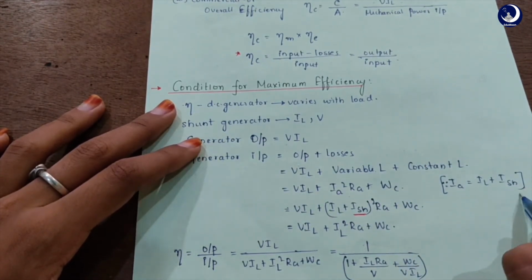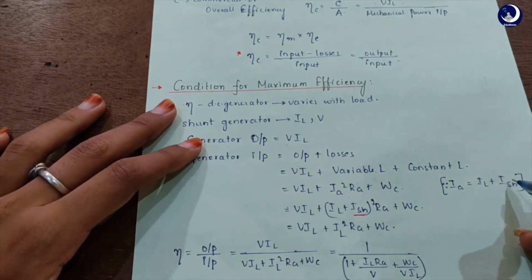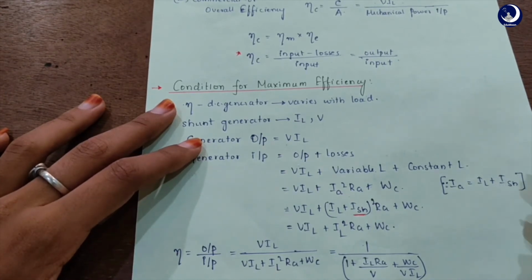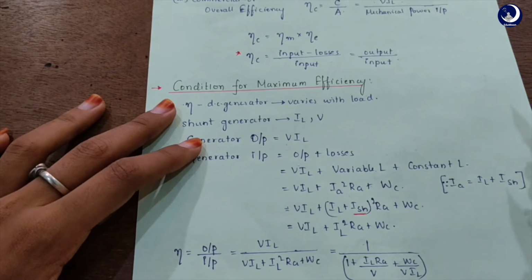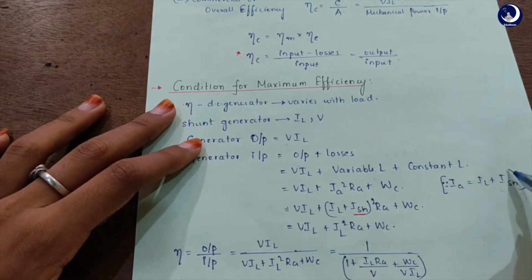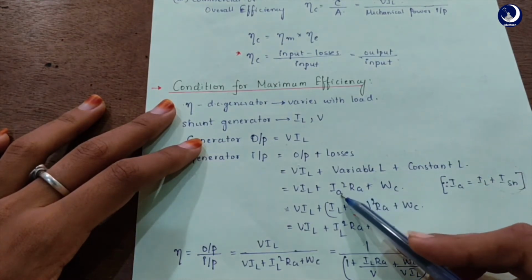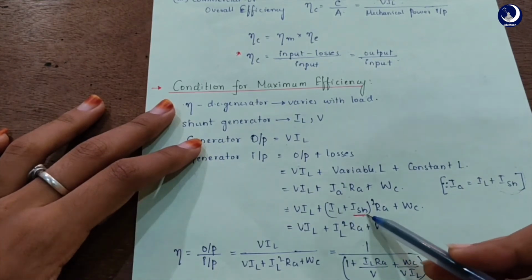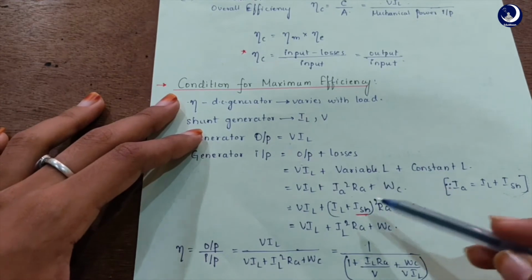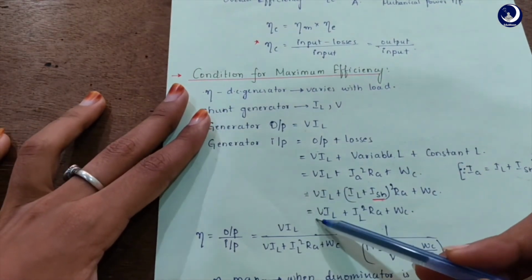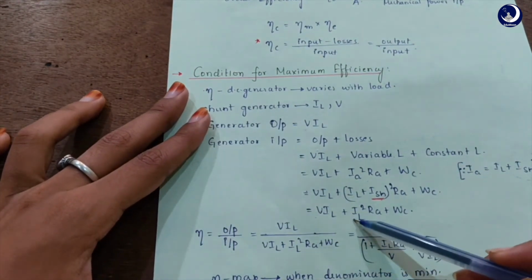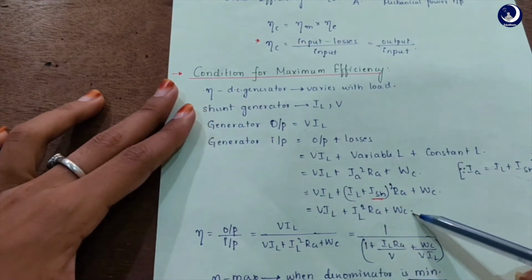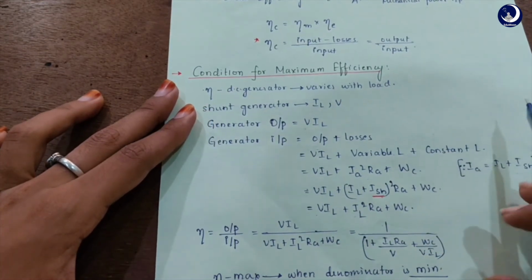We have learnt in the shunt generator that a part of the armature current flows through the shunt field winding and the rest flows through the load. This ISH is very little, so we can neglect it. In place of IA, I am substituting IL, since ISH is very small, and so the generator input is VIL plus IL square RA plus Wc, where Wc is the constant losses.